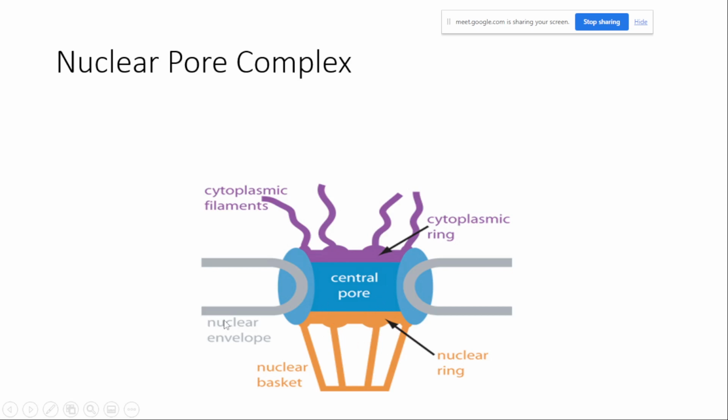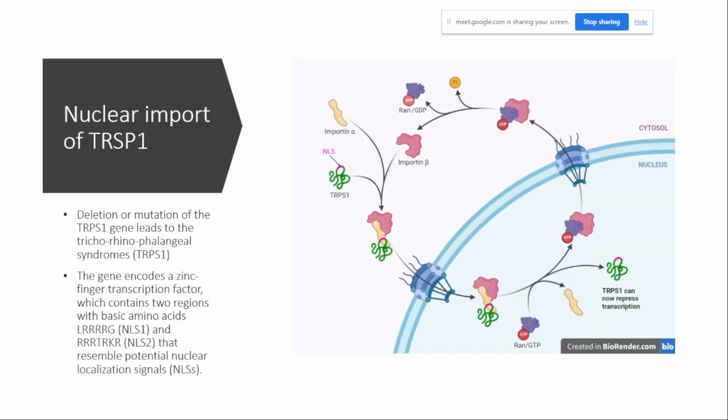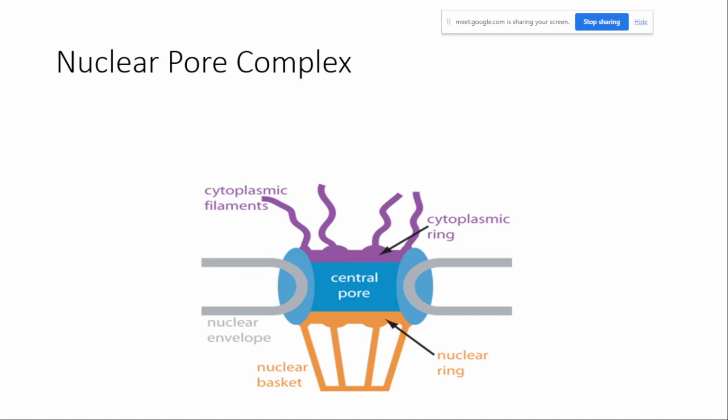This is the nuclear envelope and this is the nuclear pore complex, which has a cytoplasmic filament ring facing the cytoplasm, a central pore, and a nuclear ring and nuclear basket facing the nucleus. So that is the nuclear pore complex formation, and I will now discuss the nuclear import process of a protein, TRSP1.